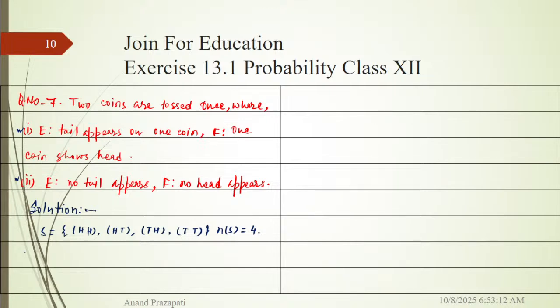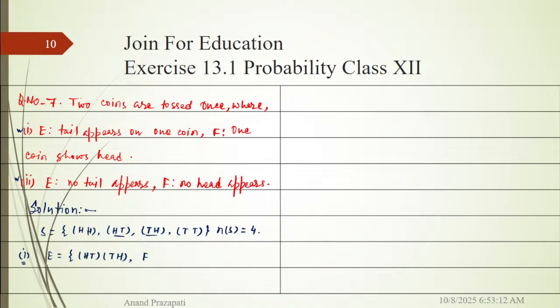Let's see the first part. First part is saying that tail appears on one coin. It means that event E, sample point of the event E will be tail appear on one coin. It means that this one and this one. So we write down here HT and TH.